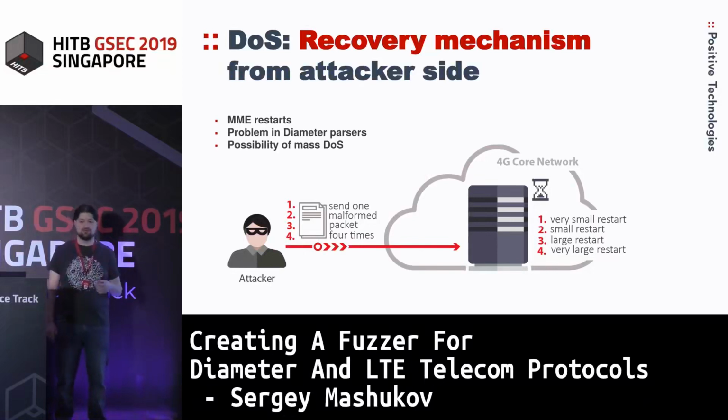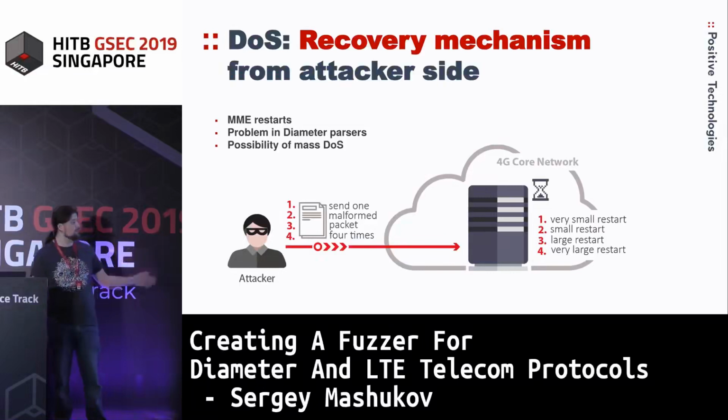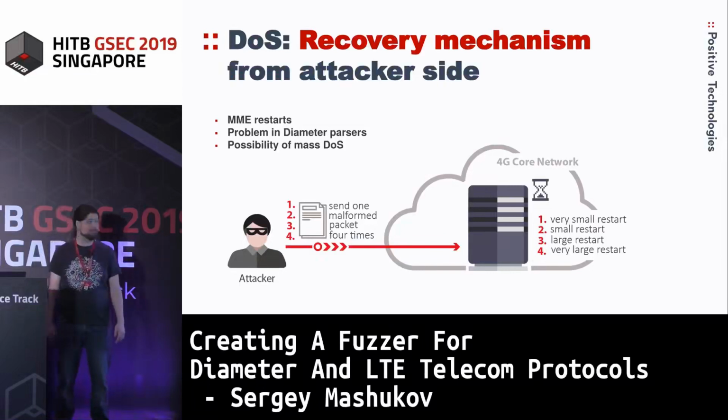It was probably created for upgrades and things like that. So when something goes wrong during an upgrade, the node will reboot the first process, then the processor, higher, until the whole node reboots. So in this case, a recovery mechanism works against security.